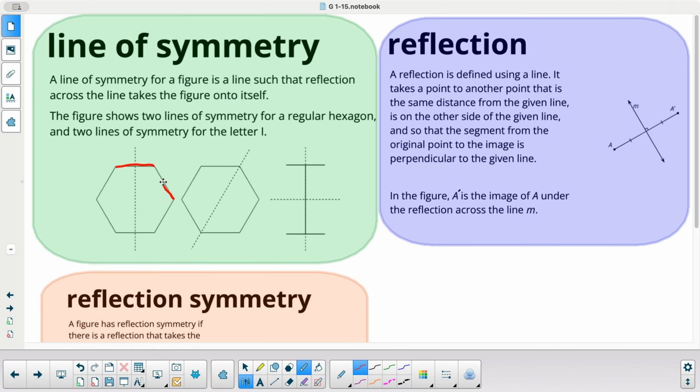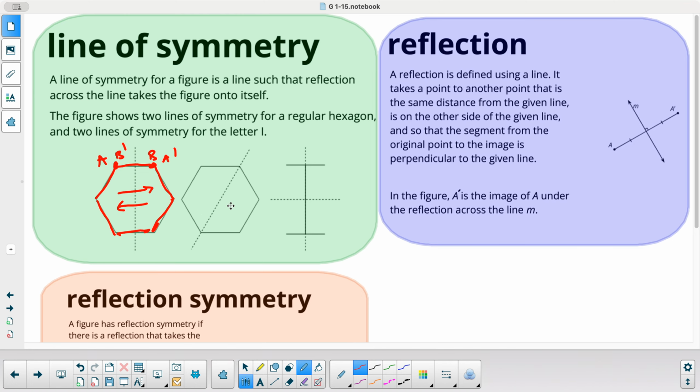I'm going to get this hexagon right here after I reflect it. So this point, if this is A, my A prime comes over here. And if this was B originally, my B prime goes over here, and so forth. Every point is going to flip-flop back and forth, and you get the same exact shape.